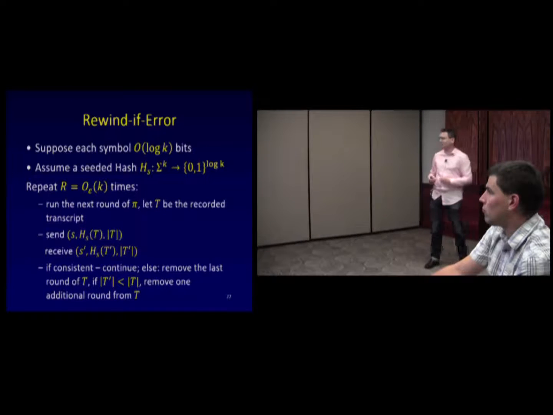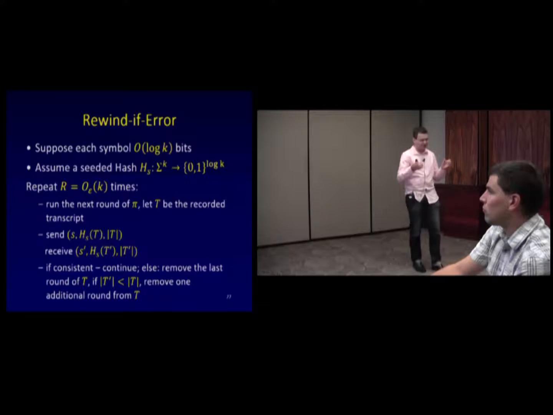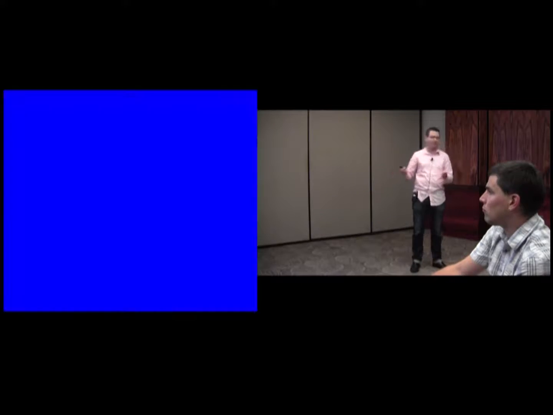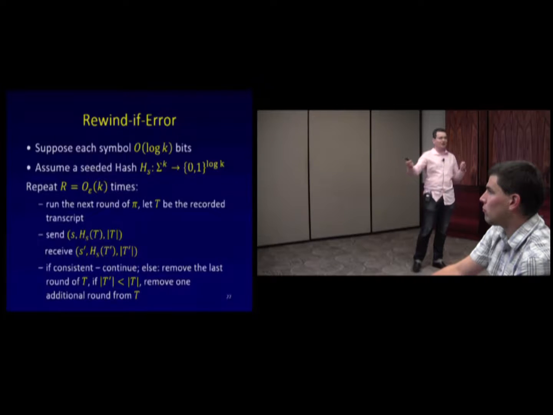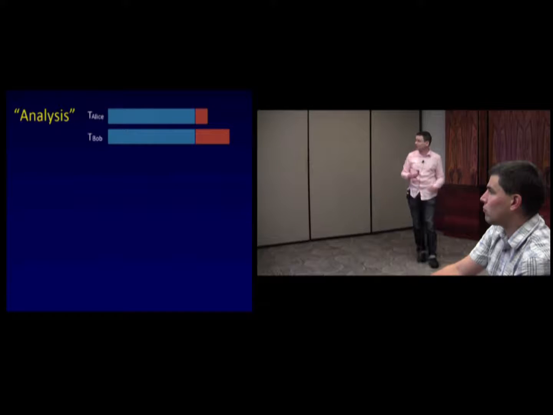It's a real possibility. So in addition, you have to send not only a hash of where you are, but also how far you are. If one party gets ahead of another, you'll want to roll it back. If you think you're much farther along than your partner, you have to remove additional rounds to get them to synchronize.